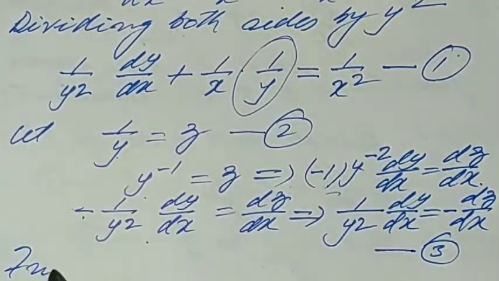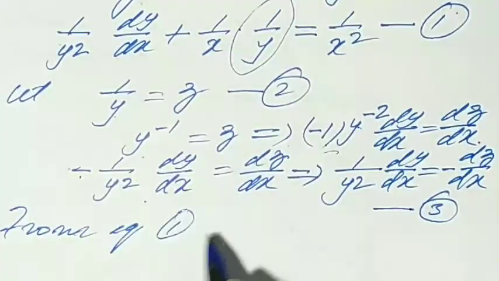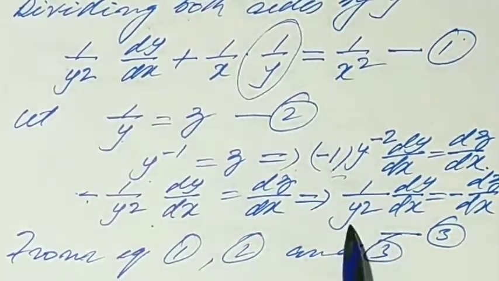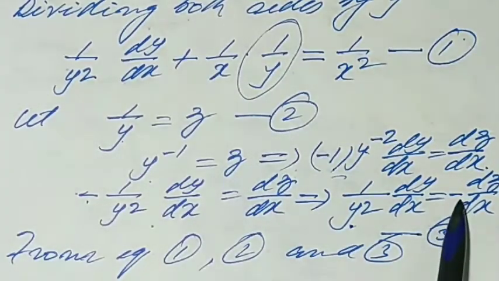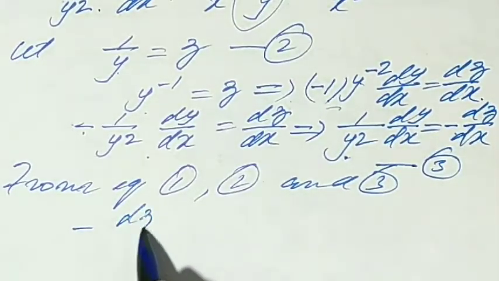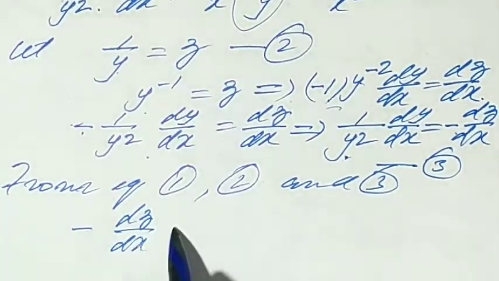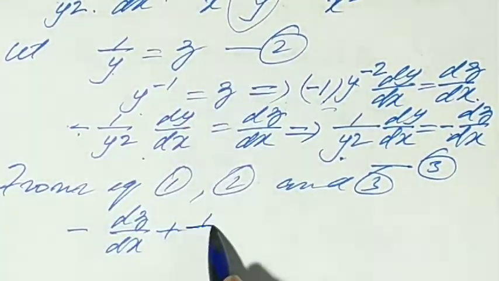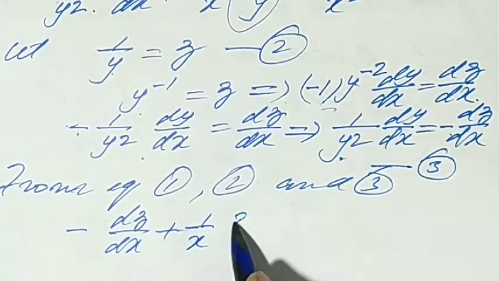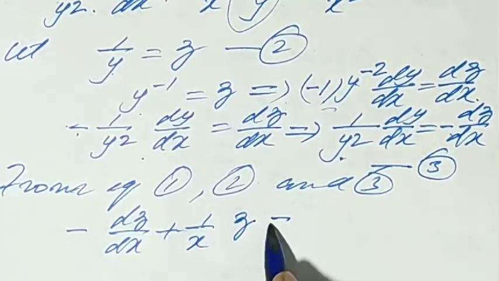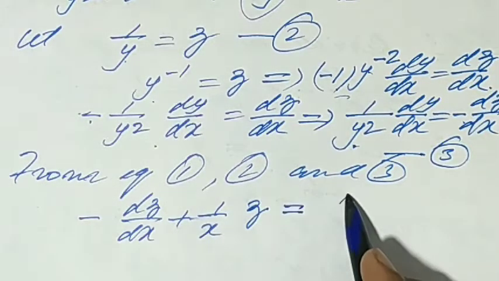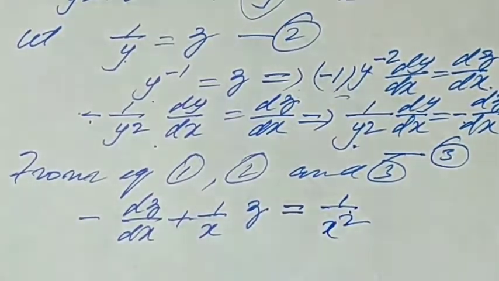Now from equation number 1, 2 and 3, we have to replace (1/y²) dy/dx from equation number 3 by -dz/dx. So here we get -dz/dx + (1/x)z, since we have assumed 1/y as z, is equal to 1/x² on the right hand side as it is.